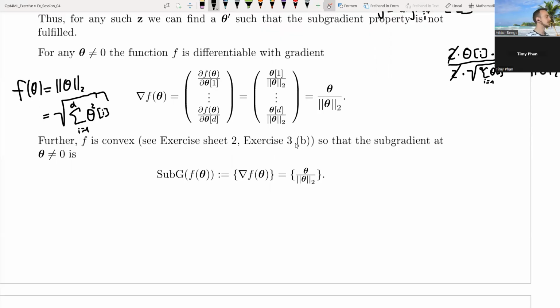So we concluded that all norms are convex, and in particular the L2 norm. So we know if the function is convex and differentiable, there is only one subgradient at that point, and it is simply the gradient at that point. And as we just have shown, it's theta divided by the length of theta.